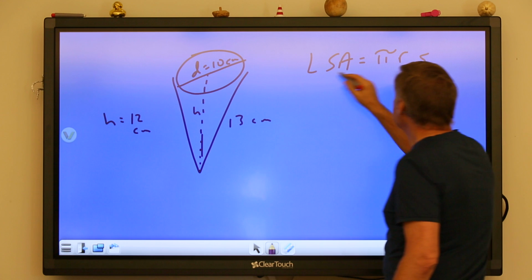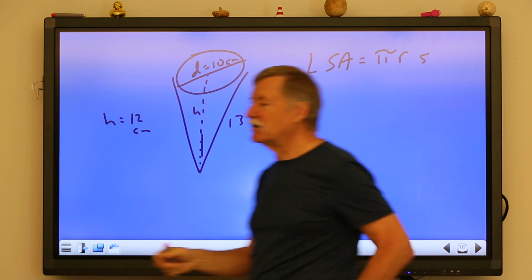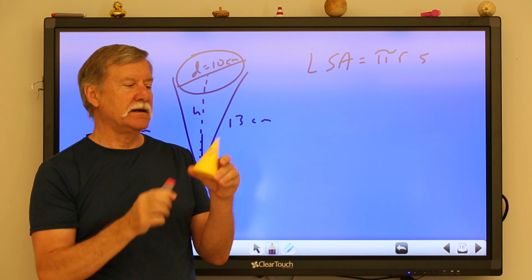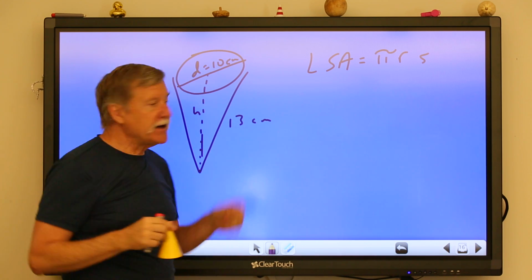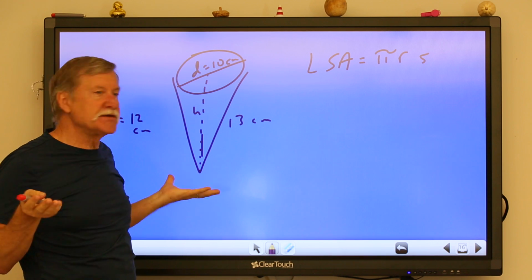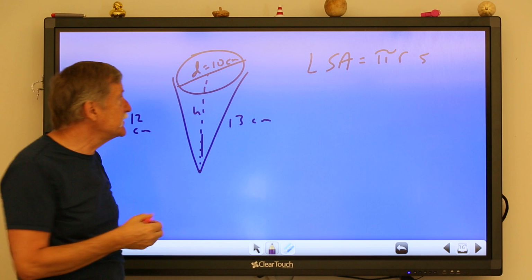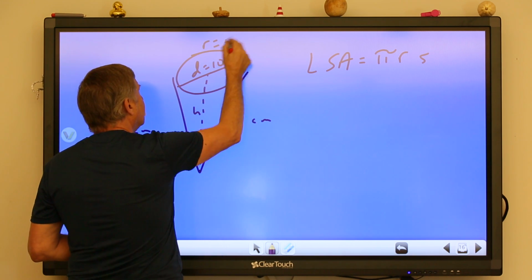We're given something like this with a tricky extraneous value here for height, which we don't need. So we see that the lateral surface area, the wraparound area for the cone, and remember, that does not include the base, this is just the wraparound part, is pi r s. So they tell us the diameter here is 10, trying to trick us. We're not going to use 10 because the diameter is twice the radius. So if the diameter is 10, the radius is half of that, 5.